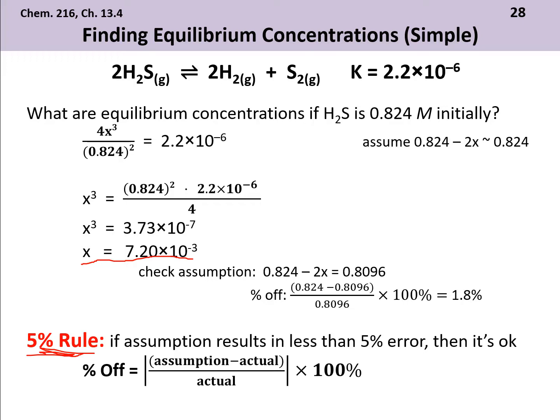that 0.824 minus 2x equals 0.824. Right? In reality, I found out that it was 0.81. So what do I do? I take this number, right?